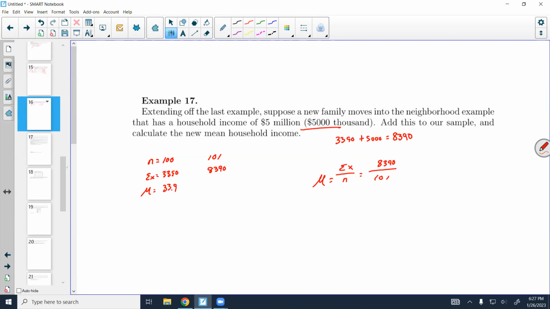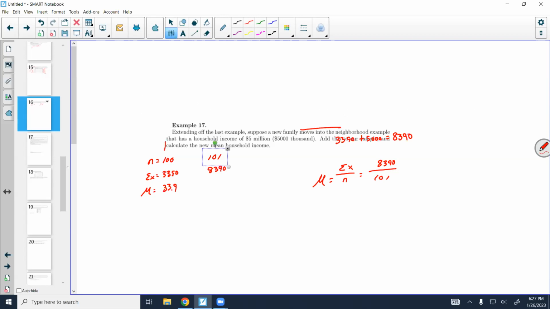I added one to the previous example. Yeah, remember, this is what it was. These are the results from number 16. We added one more family. So we had 100, we added one, so now we have 101.